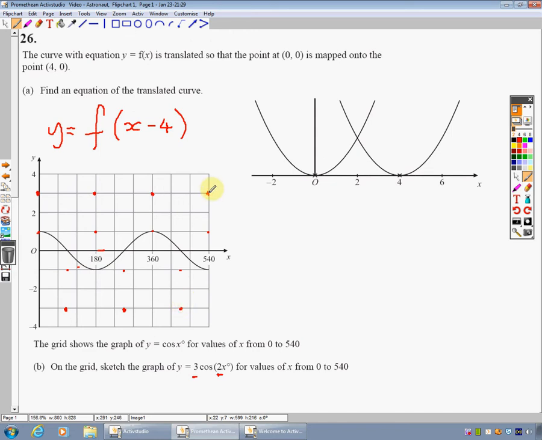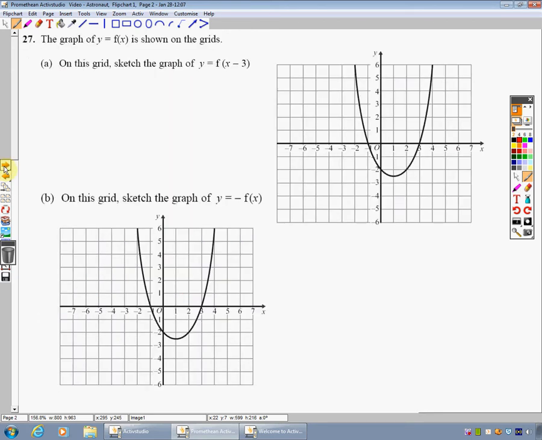If I join these together, bringing it down and up and down and up and down and up, we should have a rough sketch of y equals 3 cos of 2x. I'm hoping that it's right for you. Let's pop straight on to the next question.